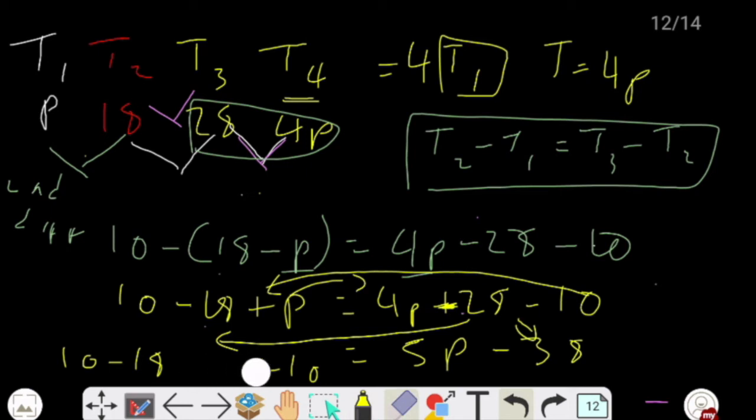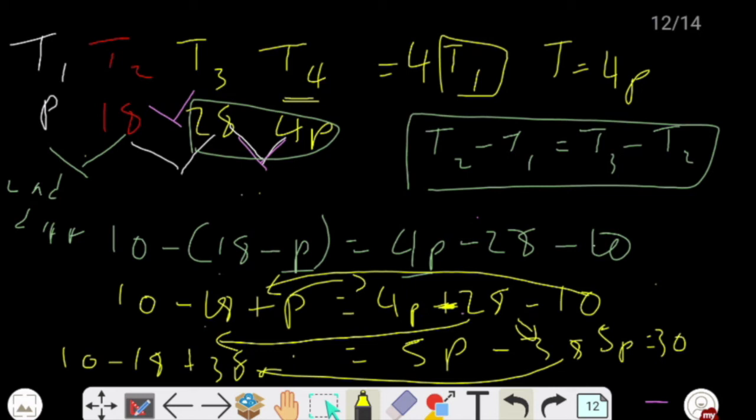If we take the negative 38 to the other side, it will be positive 38, and then 5P will equal positive 38 plus 10 is 48 minus 18, which is 30.